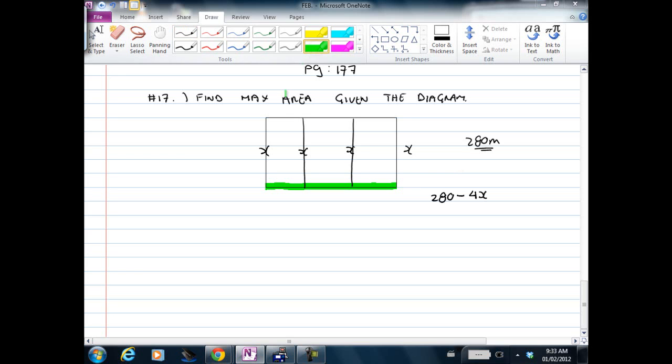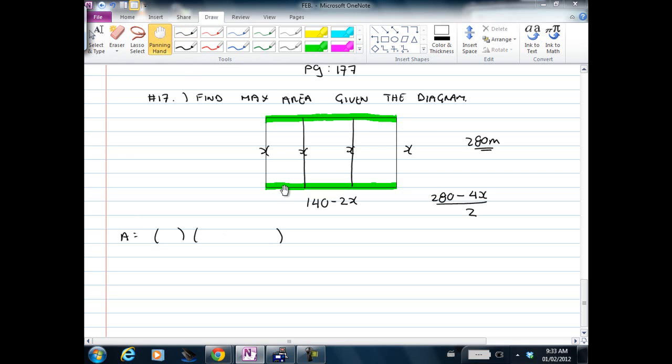But we have to divide that by 2 because you have two sides that are the same. So really, each side is 140 minus 2x.